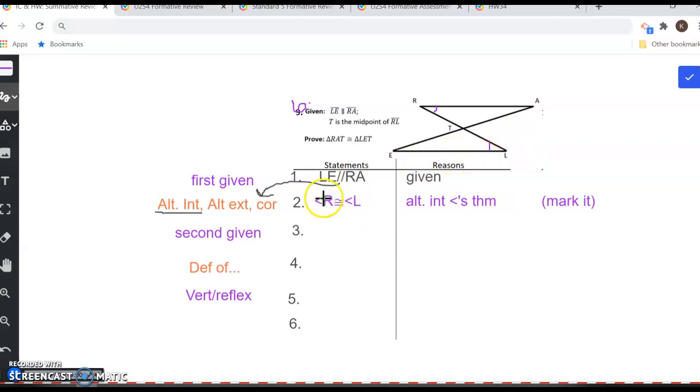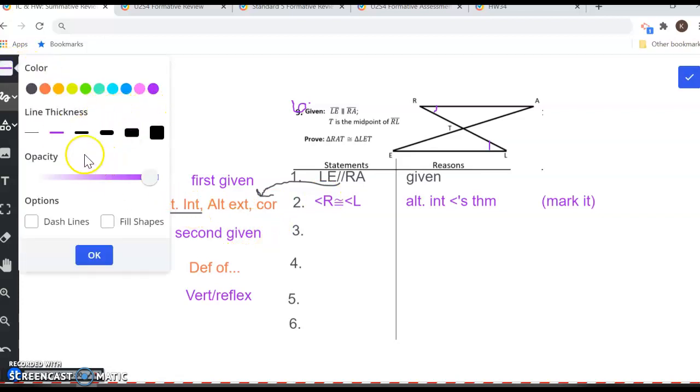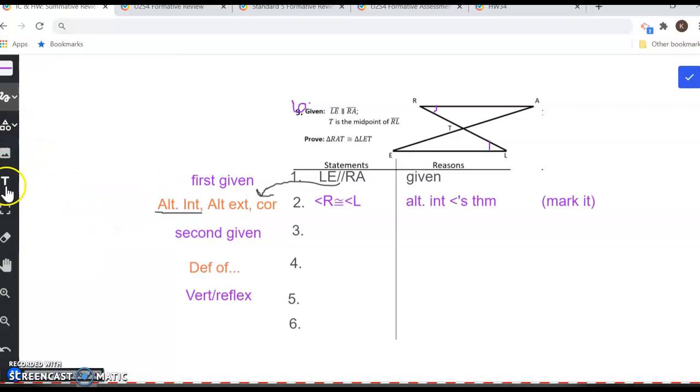Now there's nothing else I can do with that, so now I move on to my second given statement. So my second given statement is going to be the T is a midpoint of RL statement.